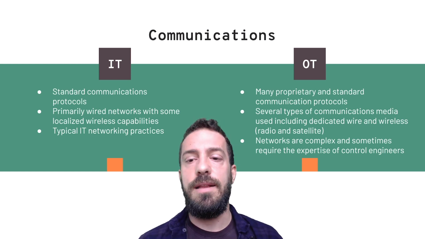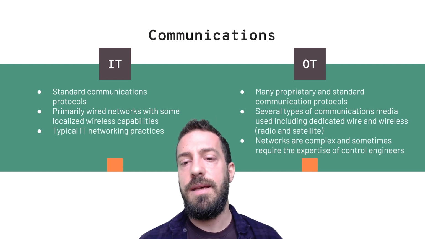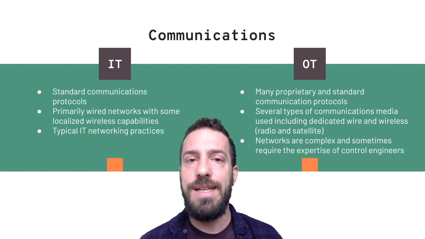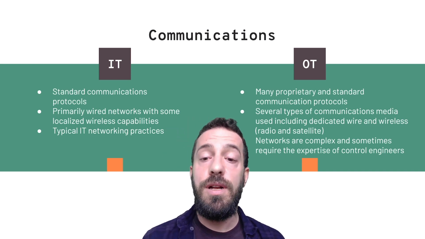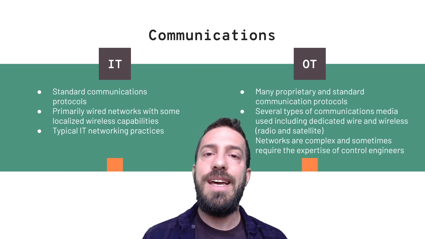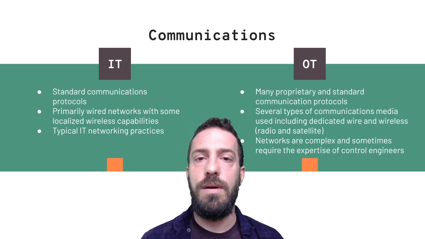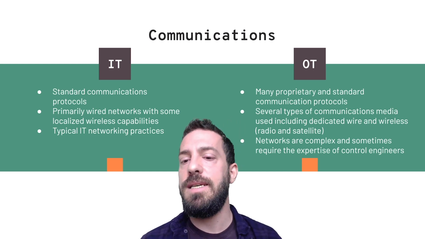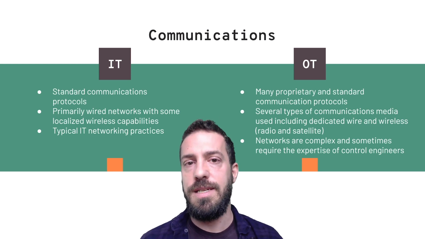In the OT side, you have proprietary, and sometimes you have standard communication protocols too, but many of them are proprietary, so you don't know exactly how they work. So it's hard to add a security mechanism to them. And in the IT side, we communicate locally through our wireless in the house or Bluetooth with our personal devices, and far away communication happens through the internet, and that's about it.